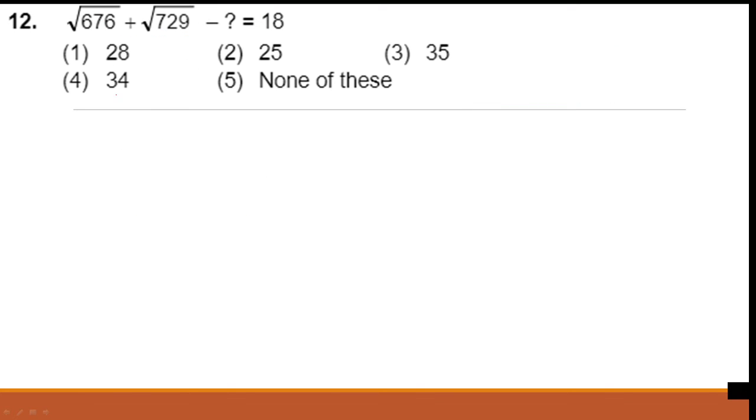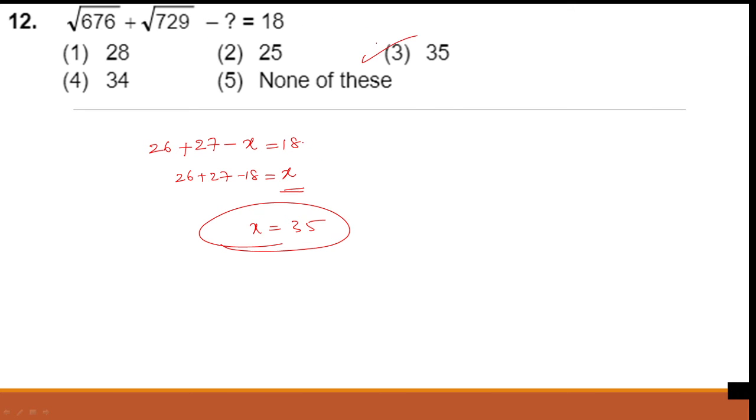What is root 676? Root 676 is nothing but 26, and root 729 is 27, minus x we need to find, that is 18. So 26 plus 27 minus 18 is equal to x value. So there you will get x value is equal to 35.